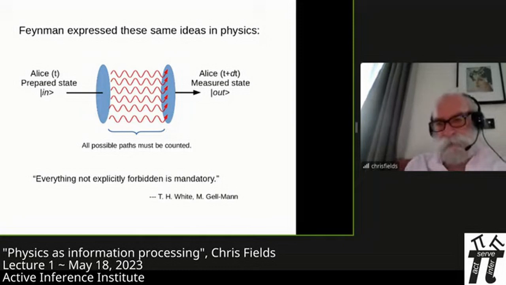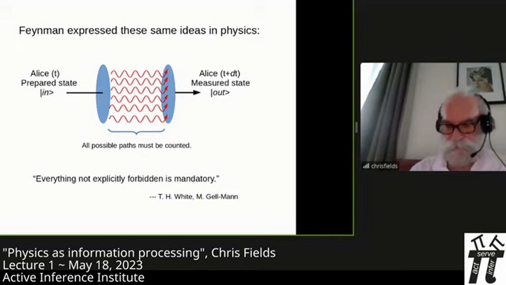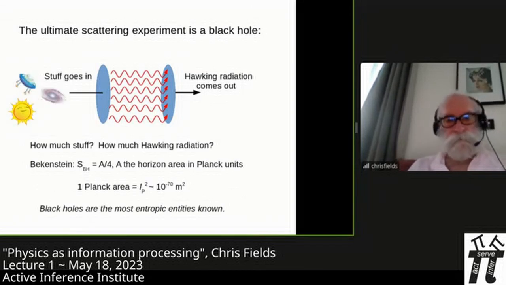So let's think about a real example that's actually the same as scattering. The ultimate scattering experiment in physics is a black hole. Stuff goes into the horizon, stars, whole galaxies, whatever. Something happens and stuff comes out.